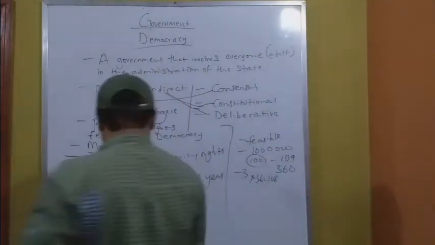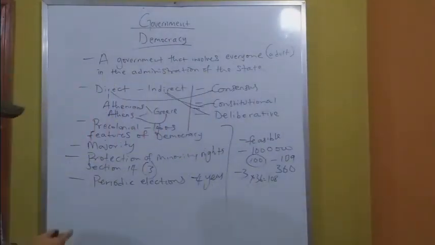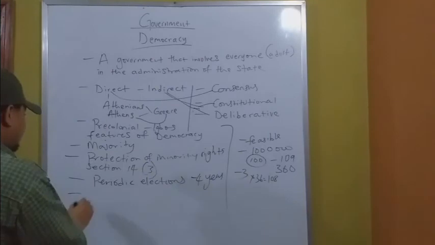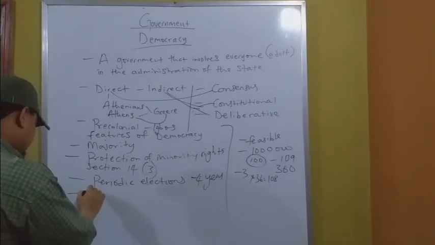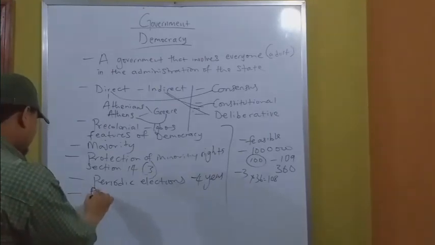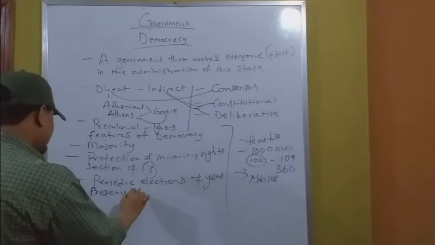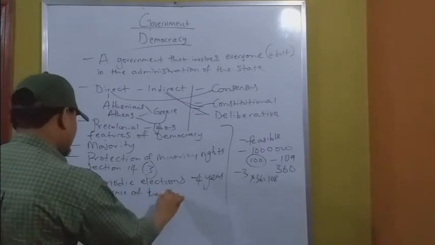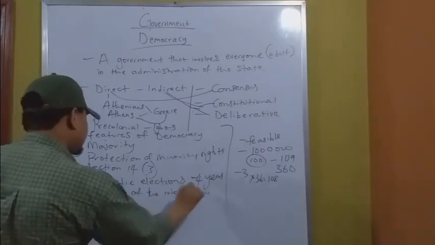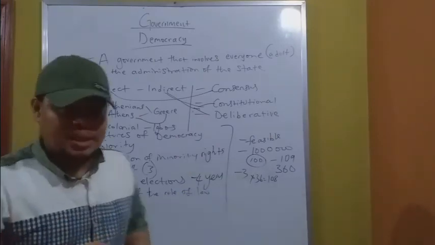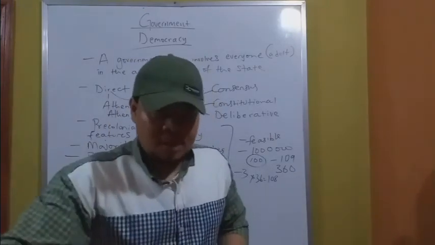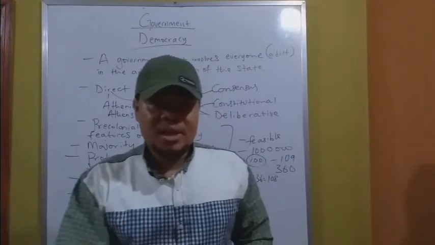Now, the number 4 feature of democracy, we will call that the presence of the rule of law. The rule of law, which states that the law is supreme. The rule of law, which states that everyone is equal.